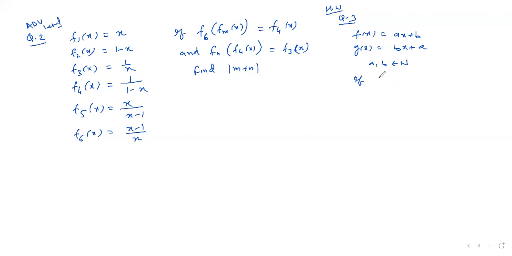If f of g of 50 minus g of f of 50 is equal to 28, find the product ab.